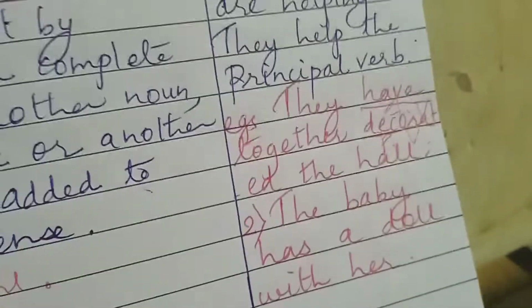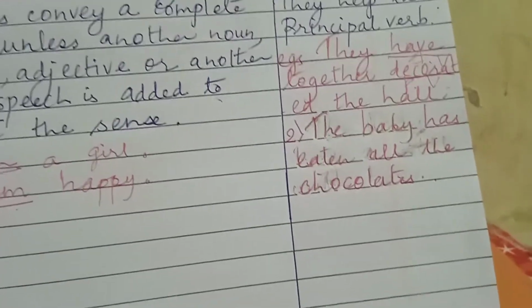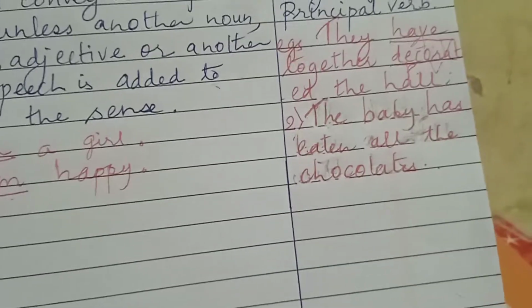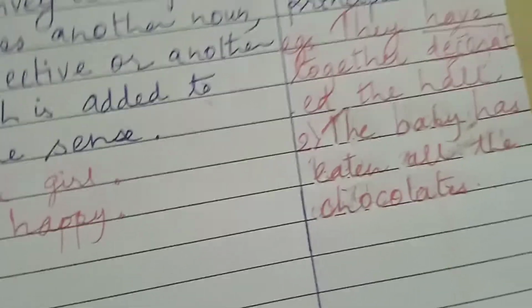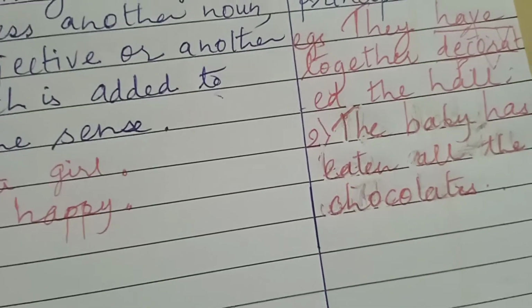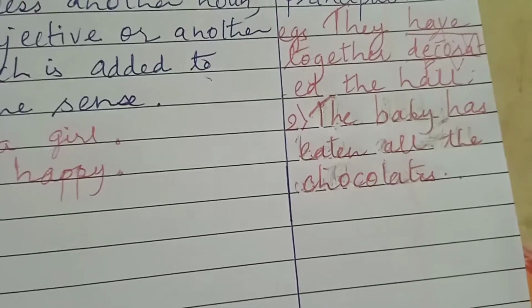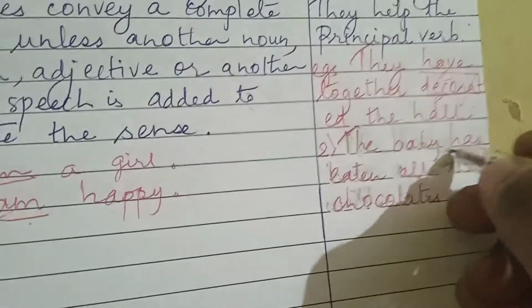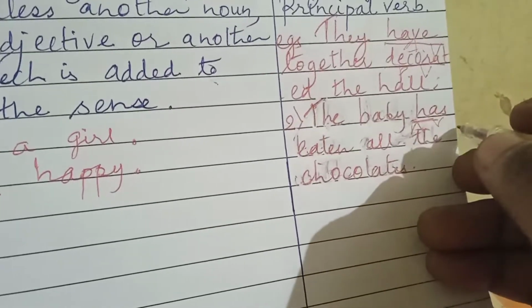Second sentence we will take. The baby has eaten all the chocolates. Now see, eaten is the principal verb or the main verb in this sentence, and it requires an auxiliary verb. Has is the auxiliary verb in the sentence.